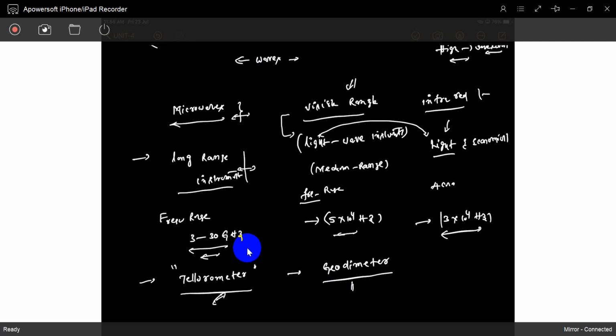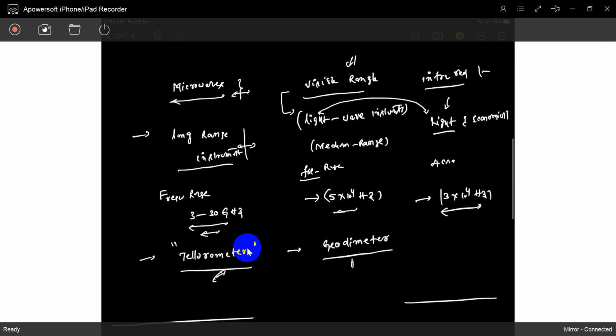If you take a curve, visible, infrared and micro, in terms of wavelength it goes like this: visible, infrared, and microwaves. That's why this frequency range is 3 into 10 power 4.